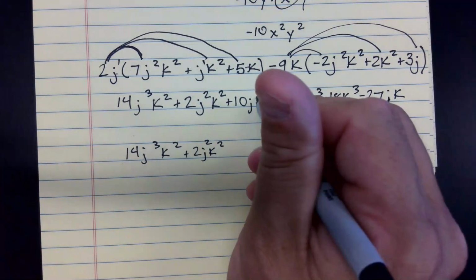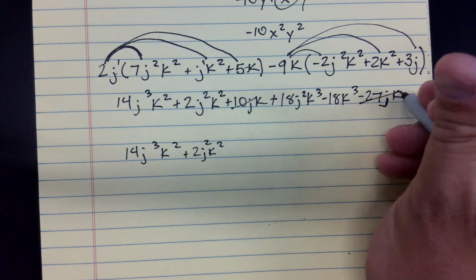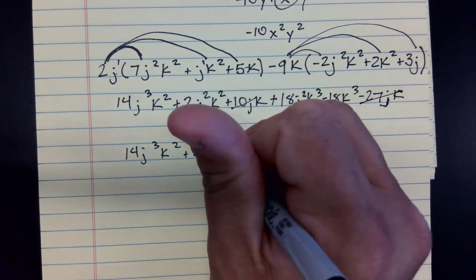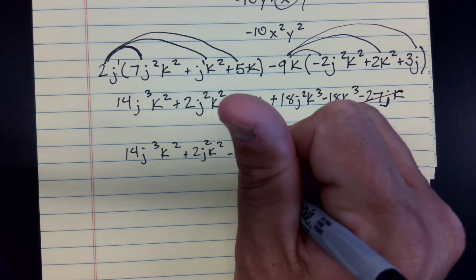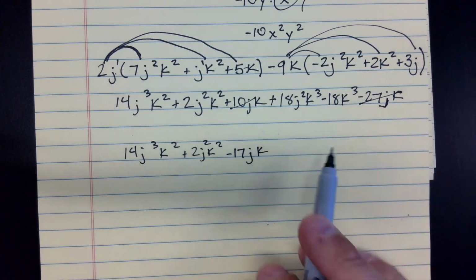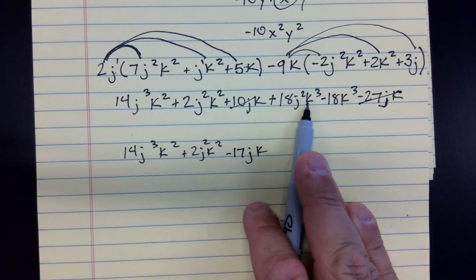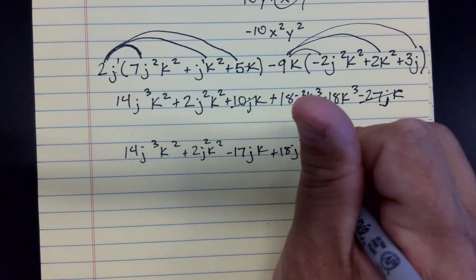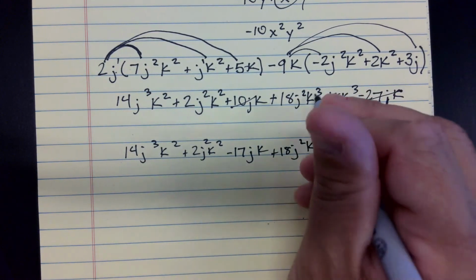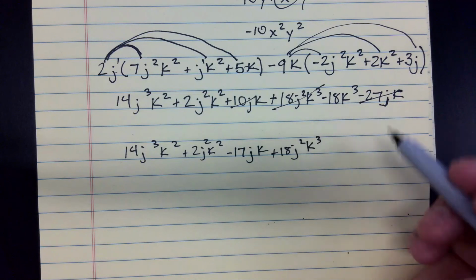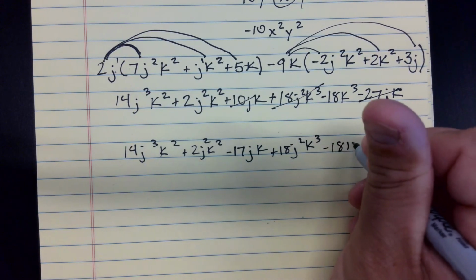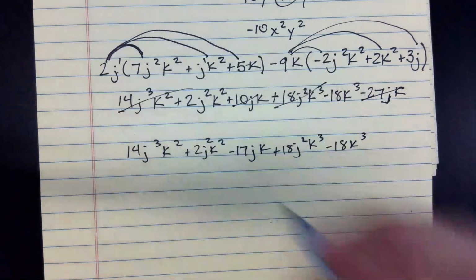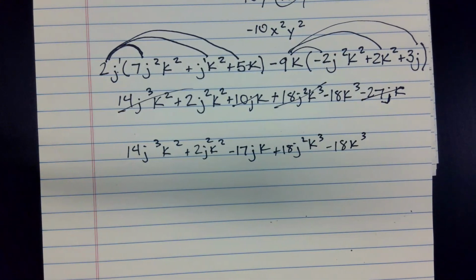Right here, right? So 10jk and negative 27jk, which is negative 17jk. Do we have a j squared k cubed? Nope. And do we have a k cubed anywhere? Nope. That is the nastiest answer known to man, but that's your answer.